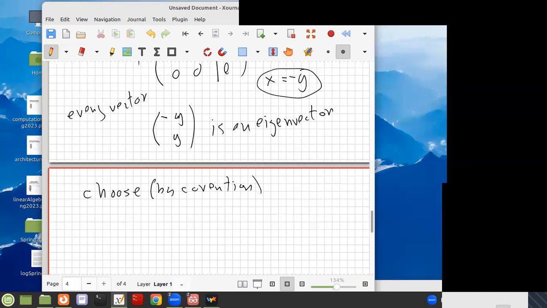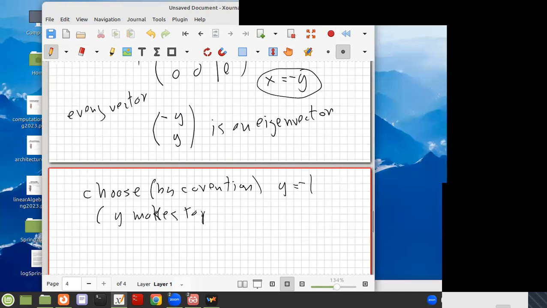Choose y so that this leading variable up here is positive and has no fractional part. So you want y to be the smallest positive number that has no fraction.